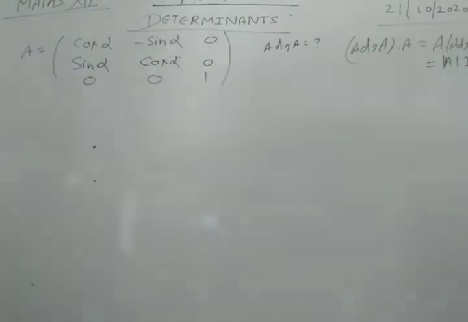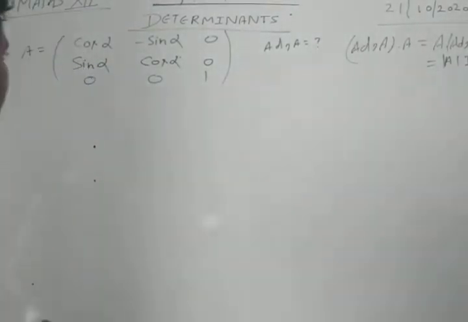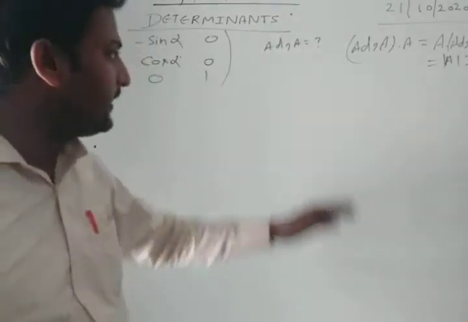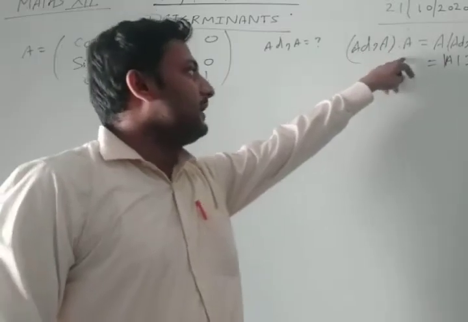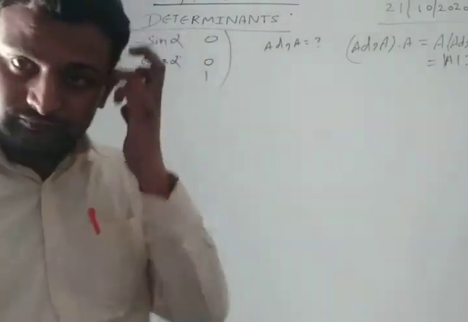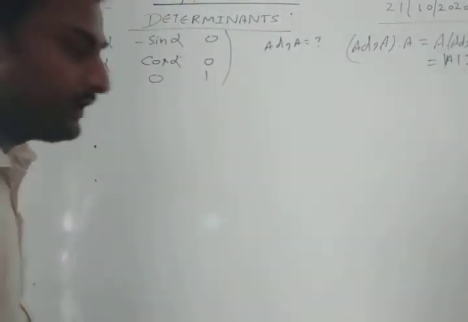So let's start. First we are given this matrix and we have to verify that adjoint of A into A is equal to A into adjoint of A. So what we will do, we will first find the adjoint of A.